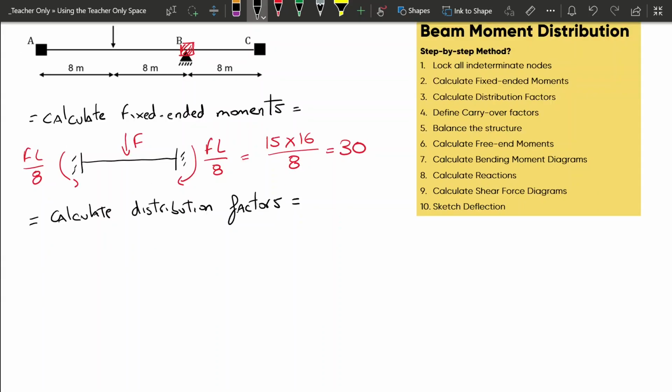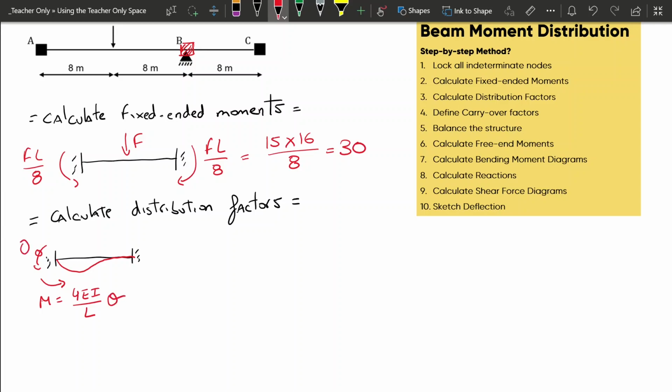Next step is calculate distribution factors. And here, the thing we need to know is a fixed bar when rotated. So if we apply a rotation, let's say on the left side, it's going to deform more or less like this. But for that, we need to apply a moment, which is 4EI over L times the rotation theta.